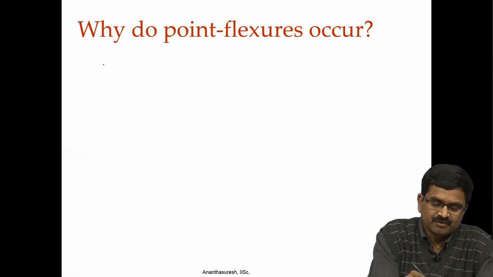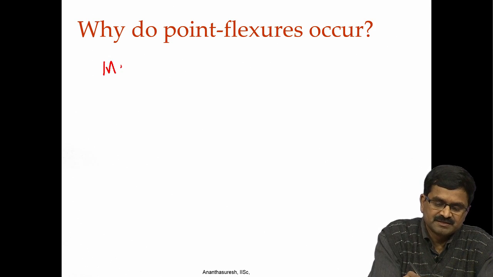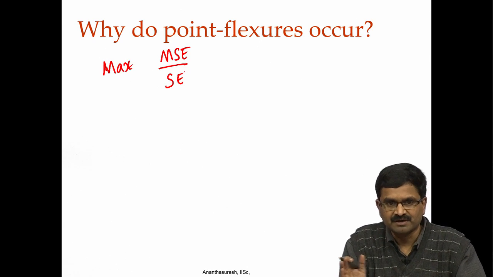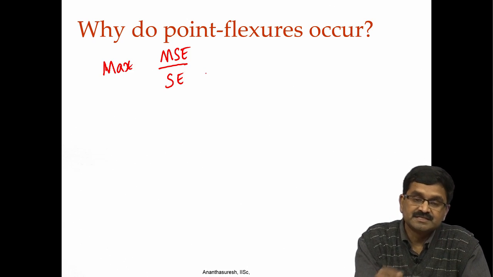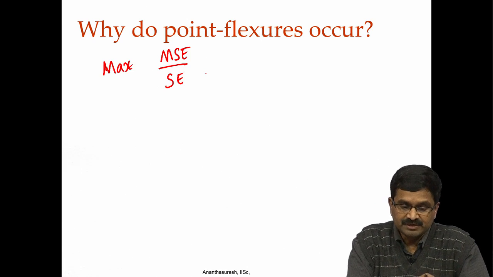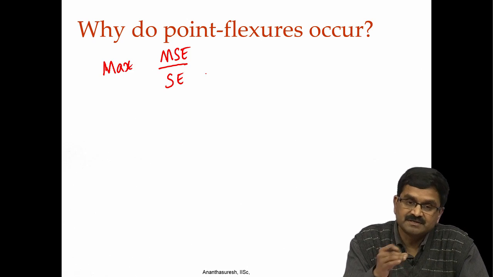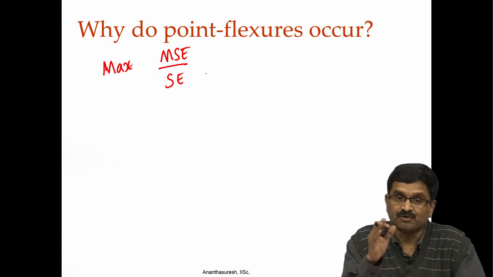What are we doing? We are maximizing MSE over SE in whatever formulation that we want, subject to volume constraint or not, that is a different question. This is our objective function. So, in order to maximize this, or we say minimize negative of that, it is the same or equivalent.